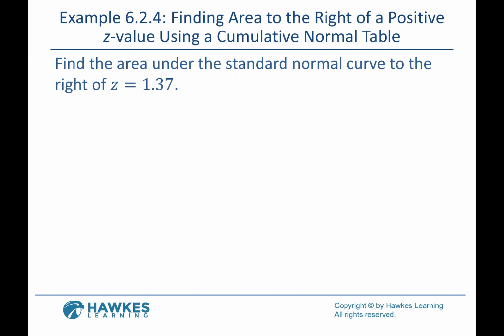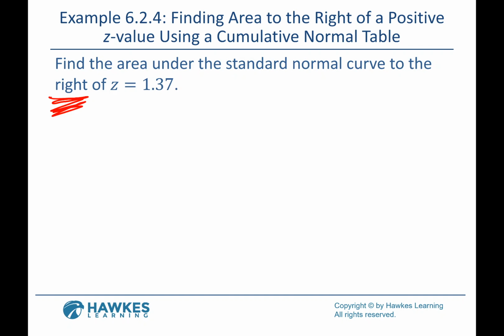This one's a little different because this one says find the area under the standard normal curve to the right of 1.37. So a big difference, because our tables give us area to the left of whatever we look up. This one wants us to find the area to the right of some number.